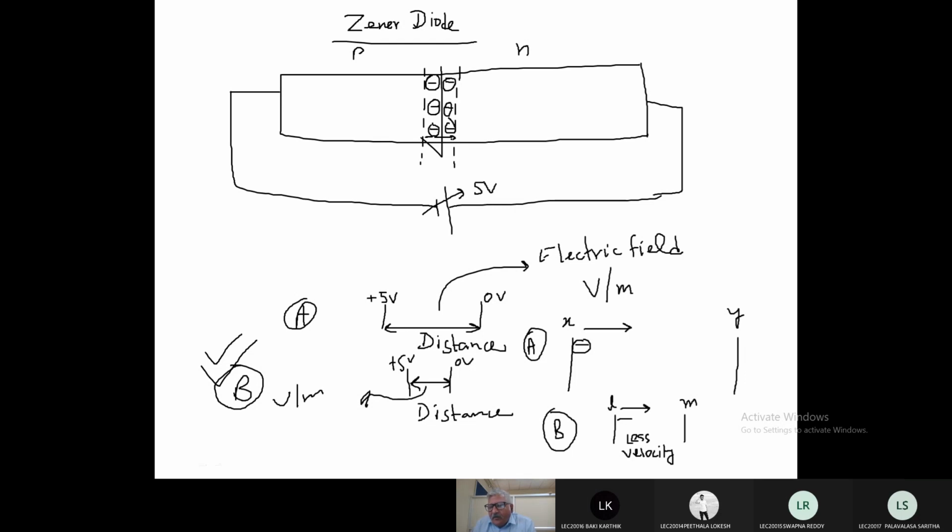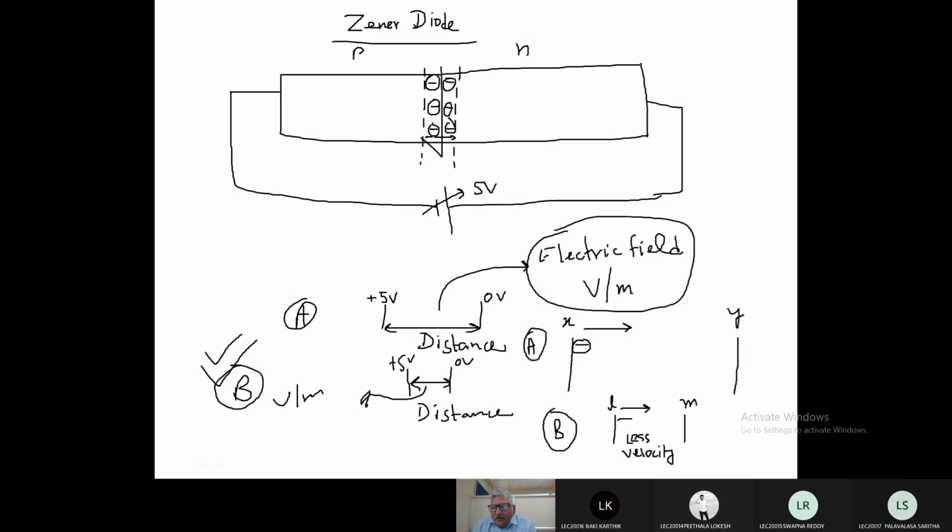Correct? But at the same time, since the depletion region is small, what about the electric field? Electric field will be very high, right? And due to this high electric field, the covalent bond will break.